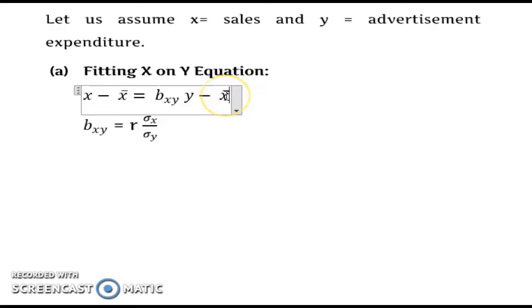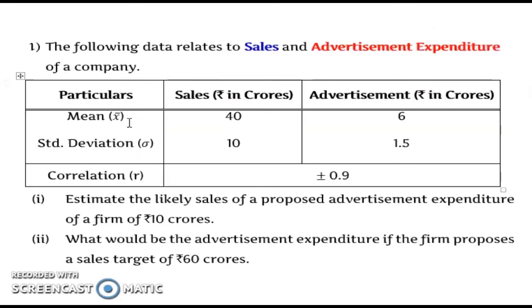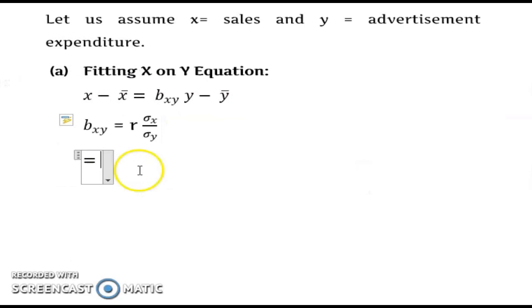So that is b of xy. Let's find that first. b of xy is equal to r into standard deviation of x divided by standard deviation of y. r is how much? Let's see in our question. r is 0.9, I'll assume plus.